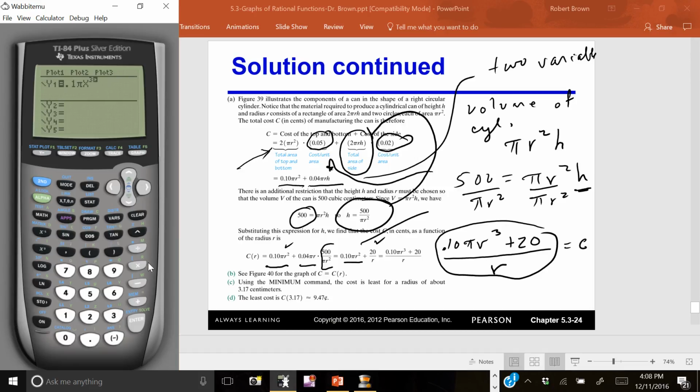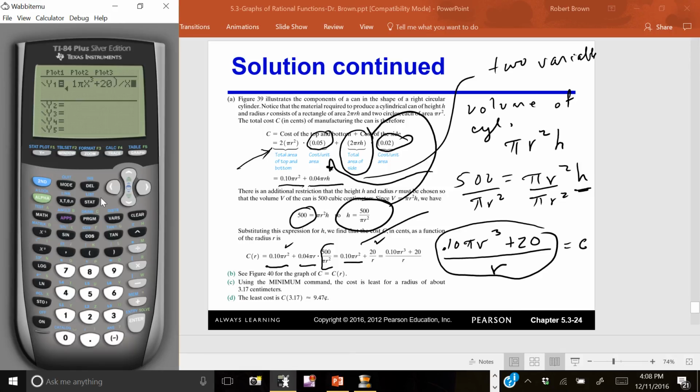Let's go back and put a parenthesis, so I just did an insertion. We have to have 0.1 times pi x cubed plus 20, all divided by x, which is our radius.